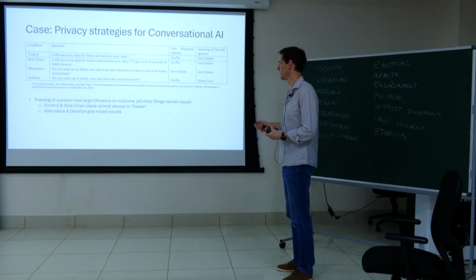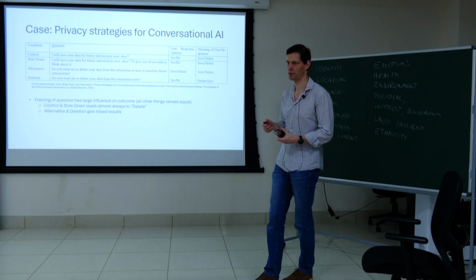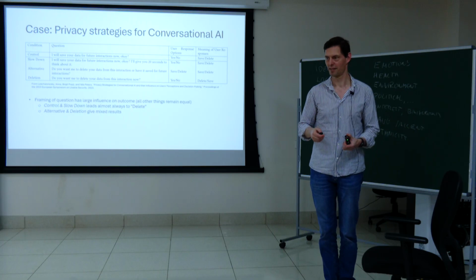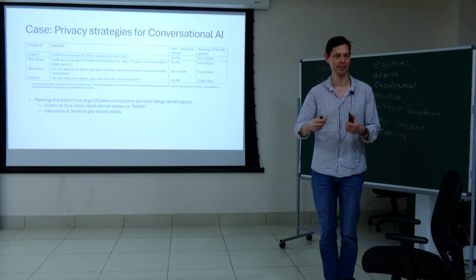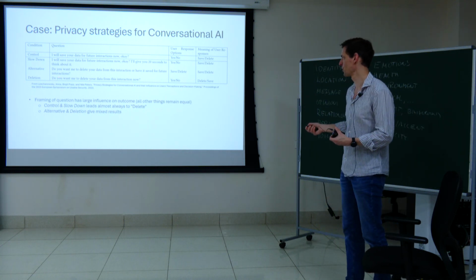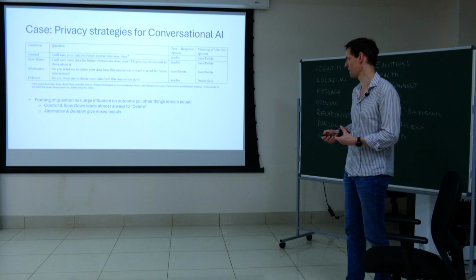Then they have a question: do you want me to delete your data from this interaction or have it saved for future interactions? That is the same content as the first version, but phrased differently. And then also: do you want me to delete your data from this interaction now?